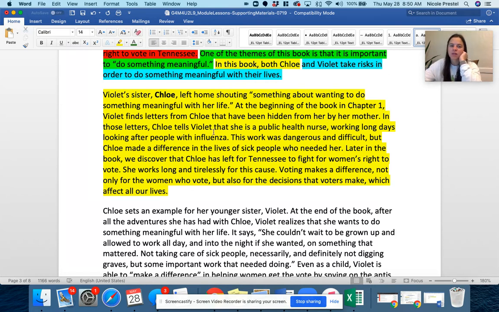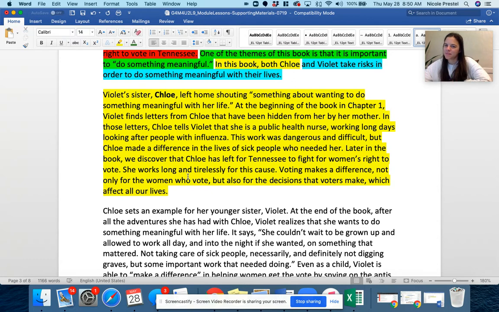In those letters, Chloe tells Violet that she's a public health nurse, working long days looking after people with influenza. The work was dangerous and difficult, but Chloe made a difference in the lives of sick people who needed her. Later in the book, we discover that Chloe has left for Tennessee to fight for the women's right to vote. She works long and tirelessly for this cause. Voting makes a difference, not only for women who vote, but also for the decisions that voters make, which affect all of our lives.